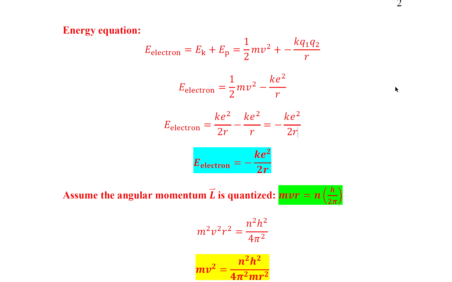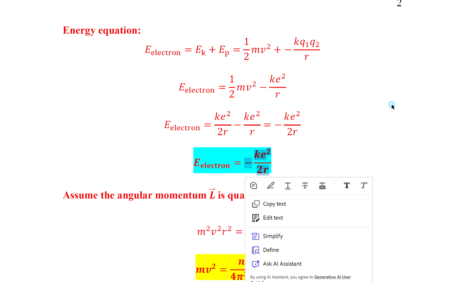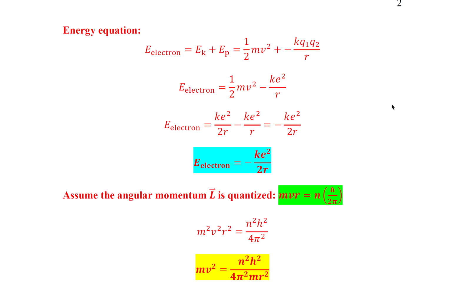So the total energy of an electron going around a proton in a hydrogen atom is minus ke squared over 2r. Now the reason why it's negative is because the electron is not free. If the electron was moving in a straight line, then the energy of the electron would be positive. But the energy of the electron is negative because it's bound.